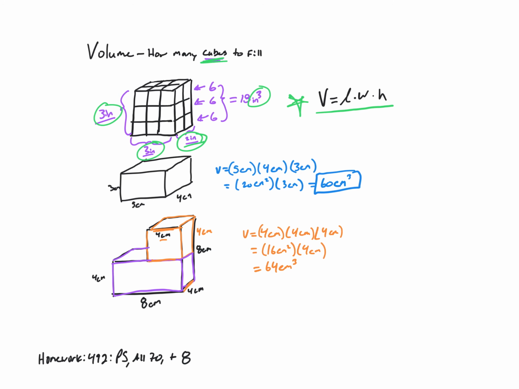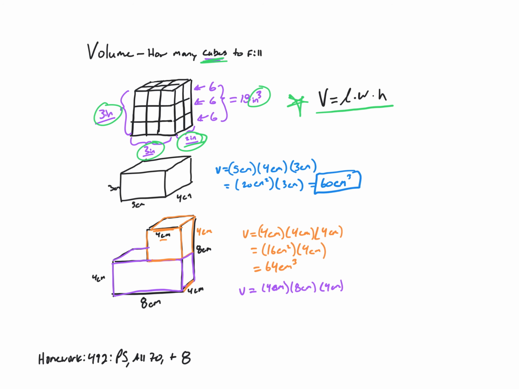Now let's find the volume of the purple one. The volume of the purple one is the length times the width times the height, so 4 centimeters times 8 centimeters times the height, 4 centimeters.